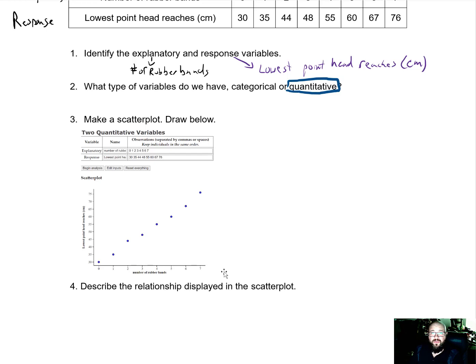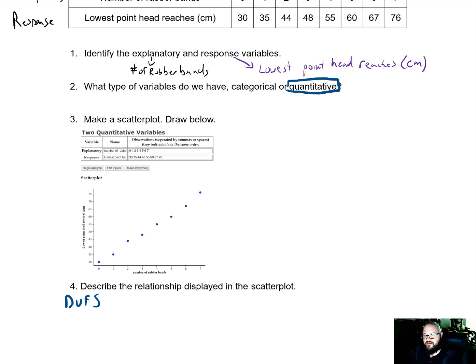And the last thing we're really worrying about doing in this section here is being able to describe the relationship displayed in the scatter plot. In which case, I like to use DUFS. I was thinking of The Simpsons and Duff beer, so use DUFS, for direction, unusual outliers, form, and strength. So for our direction, what direction is this going in?